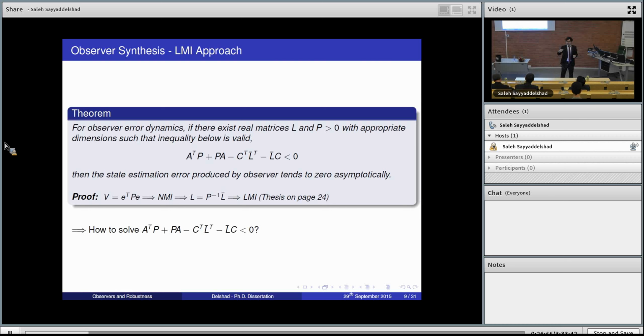I don't know if I'm pronouncing it correctly, Lyapunov, you might know better. So that was the first place that people solved an inequality. For simple cases you can solve it analytically, but for large dimensions of the system it will definitely be a hard task.